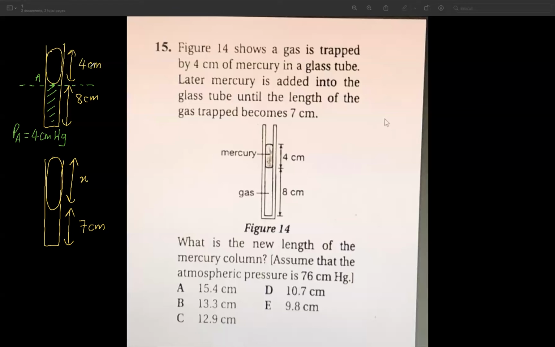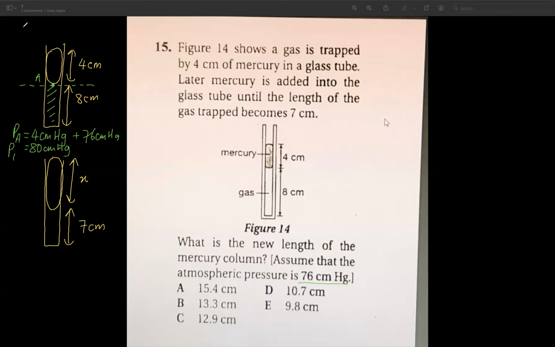Depth here, and then I plus the atmospheric pressure above. It is also pressing down on the same point, right? So I plus, what is the atmospheric pressure? Given here, 76 cm Hg. So 4 plus 76 cm Hg equals 80 cm Hg. That is pressure initial. So that's P1, the pressure of the gas.